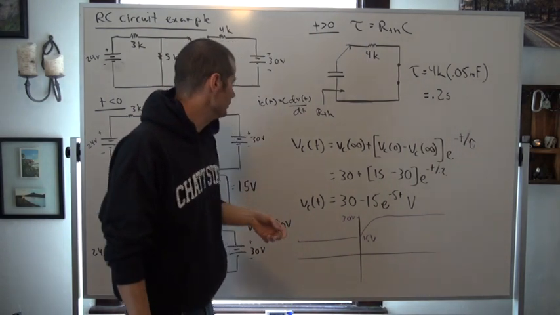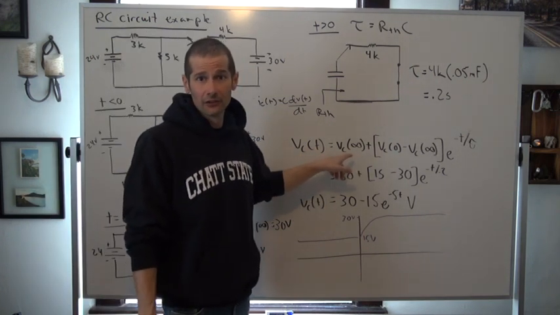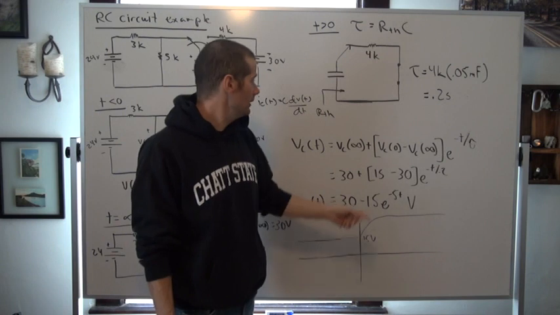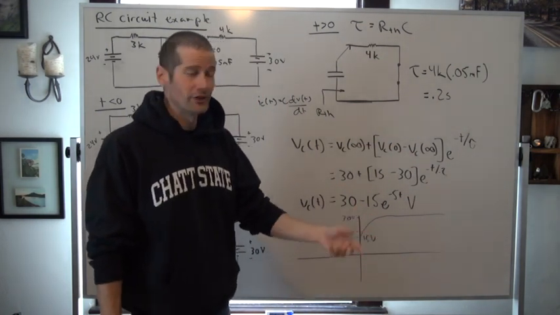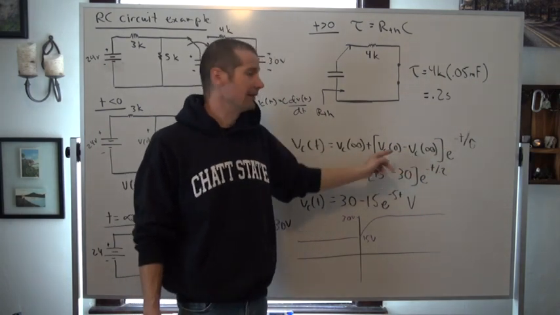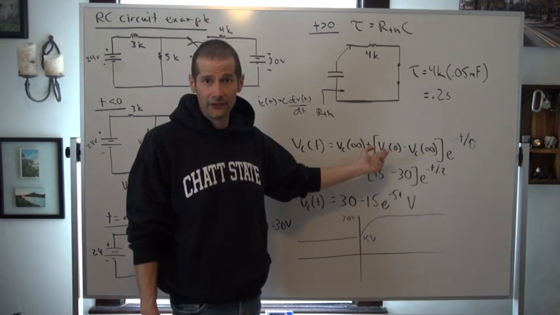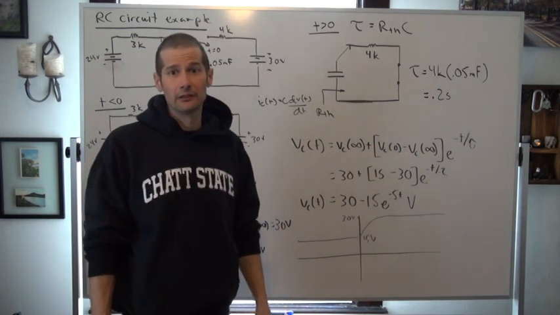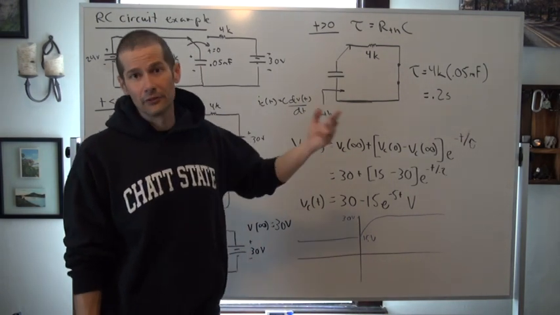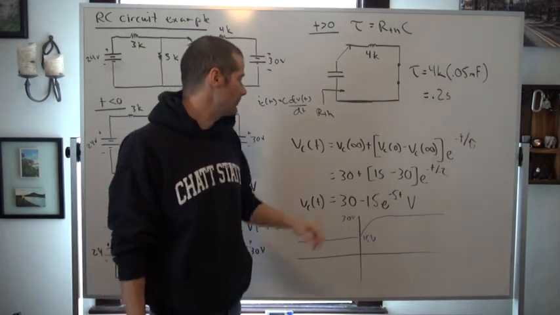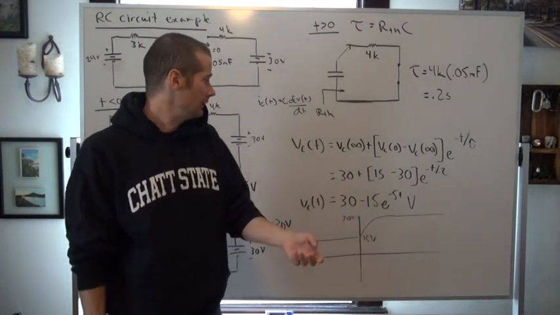And if we look down here, Vc of t is equal to Vc infinity. That's a scalar value here. That's the final value, added on to the transient portion, which is an exponential, but the coefficient for that exponential is Vc naught minus Vc infinity, or the initial condition minus the final condition, and that forms basically 15 minus 30, which gives us negative 15.